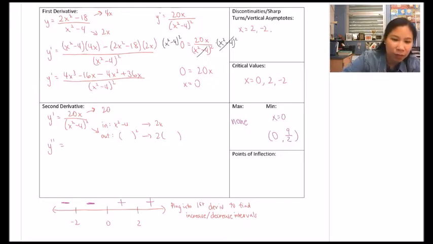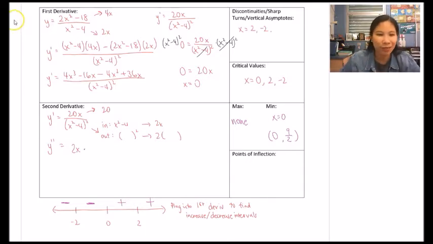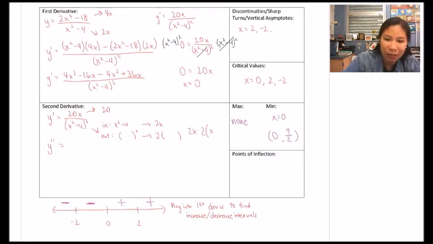So derivative of the inside is 2x, derivative of the outside, oh my goodness, I forgot we needed quotient rule first before I actually write it there. So the derivative of the bottom is going to end up being 2x times 2 times the stuff on the inside.